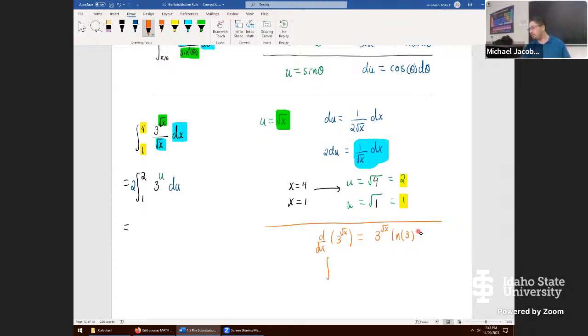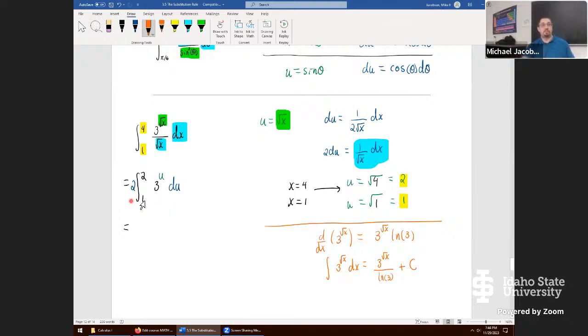This means the antiderivative, notice this one's an indefinite integral, we don't have limits of integration, of 3 to the root x dx. Antiderivative means we're doing this formula backwards. You get 3 to the root x still. Instead of multiplying by natural log 3, you divide by natural log 3, not the root. Then add a constant, and that's a formula for the antiderivative of this thing.